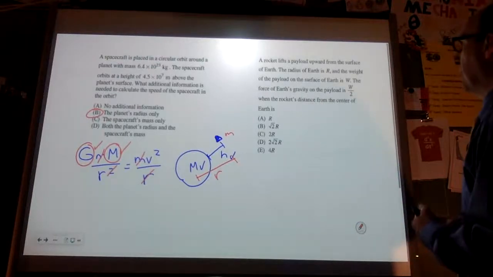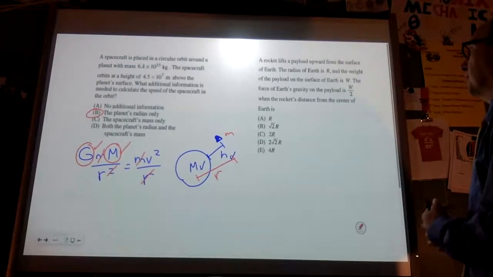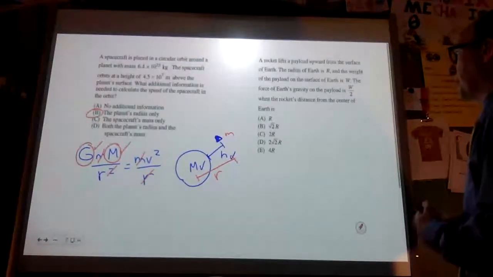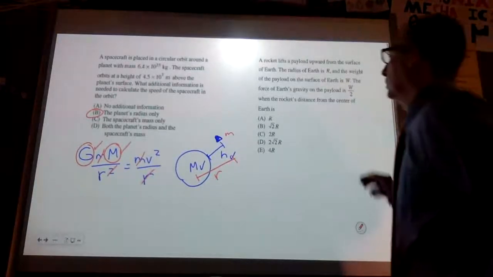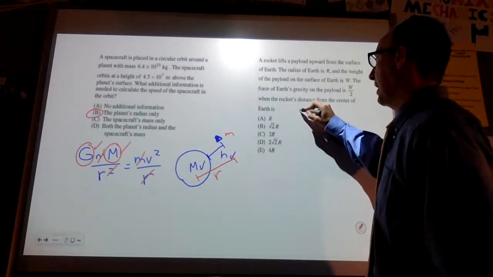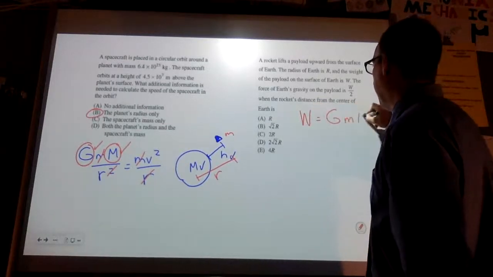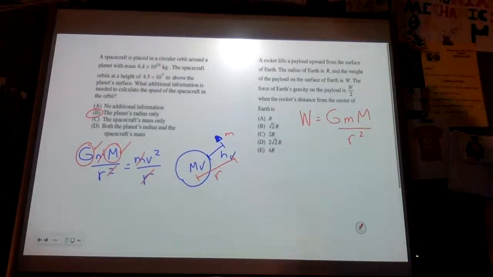Our rocket lifts a payload upward from the surface of Earth. The radius of Earth is r. The weight of the payload on the surface of Earth is w. The force of the Earth's gravity on the payload is w over 2 when the rocket's distance from the Earth is... So we're going to say that weight is GMm over r squared.